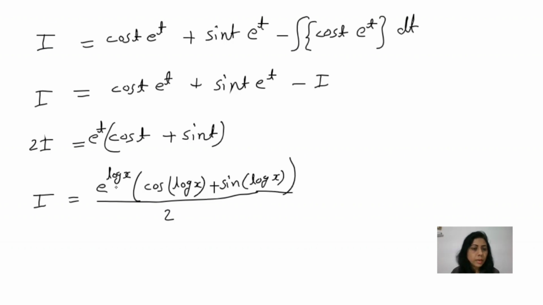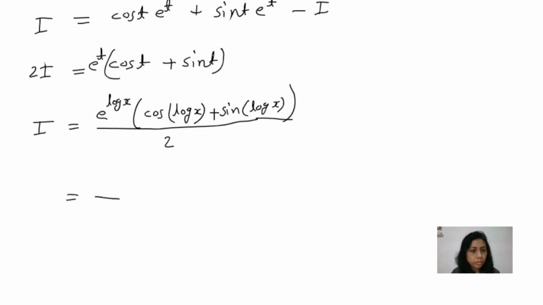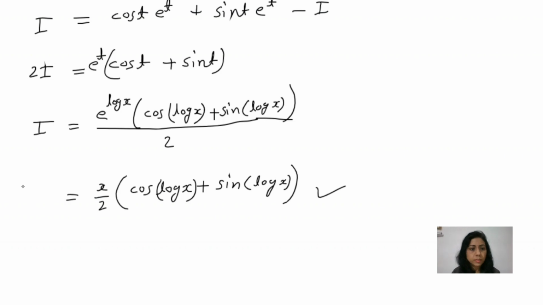And here the base is e, so e to the power log x with base e gives x, so we can write x upon 2 times cos log x plus sin log x, and this is our final answer.